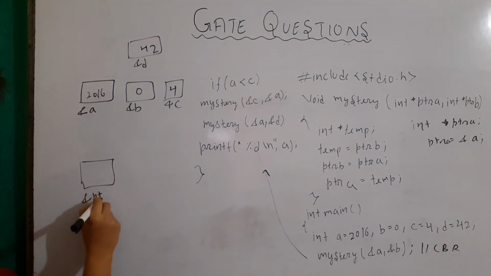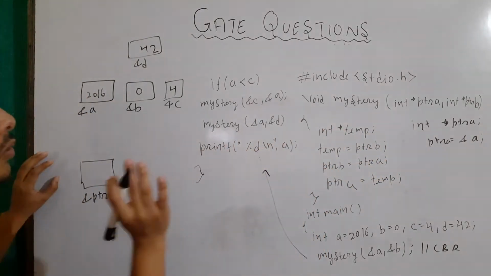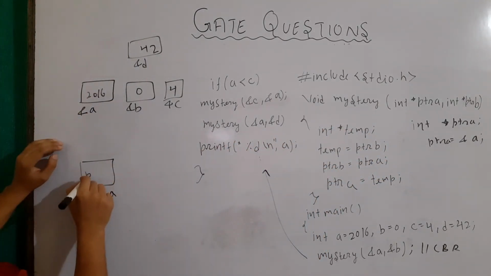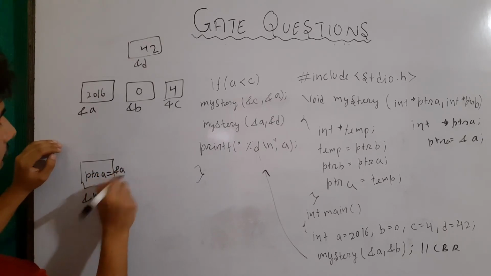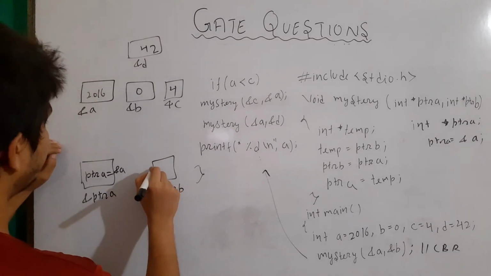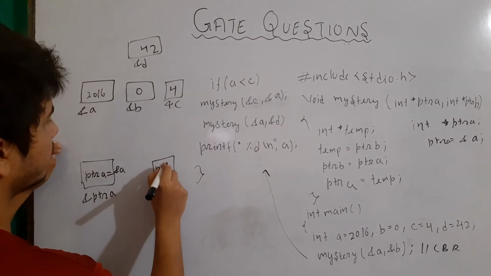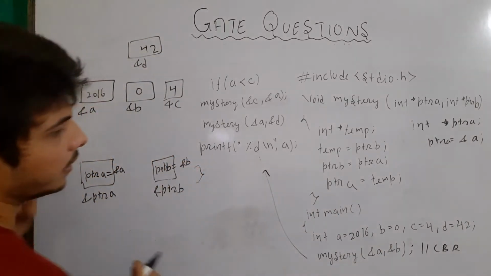Let's say each will have an address of its own, and now since these are pointer variables, they will be holding addresses, right? So this is ptrA and it is currently holding the address of A. Similarly, there is ptrB which is holding the address of B, right?